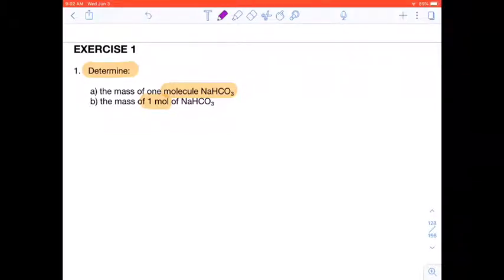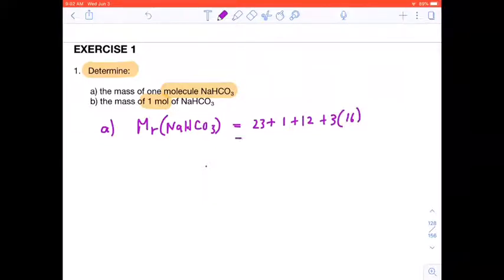So if we want to know the mass of 1 molecule, I said previously that I'll write it like this, with R in, then I'm getting the relative mass of NaHCO3, which we know is equal to 23 for sodium plus hydrogen plus carbon is 12 plus 3 times 16 for oxygen, which is then equal to 84. 84, no units at all, right?